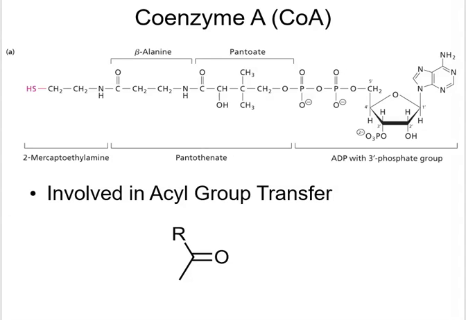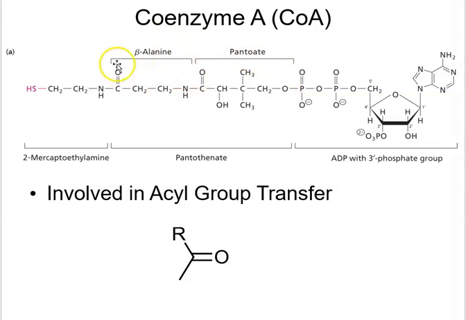Coenzyme A is an important component of, we can see that the ADP component, this is adenosine diphosphate. So like the base pair, adenosine and 2 phosphates. It's kind of like the backbone of DNA, but it can also be used as a coenzyme in different enzymatic processes. Pantothenate, this is actually generated from vitamin B5.